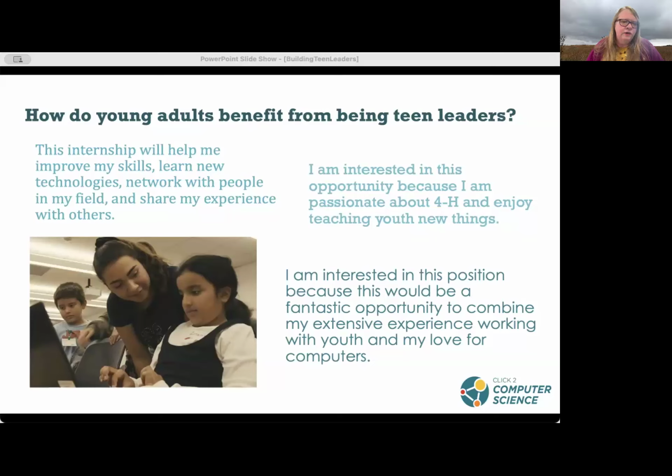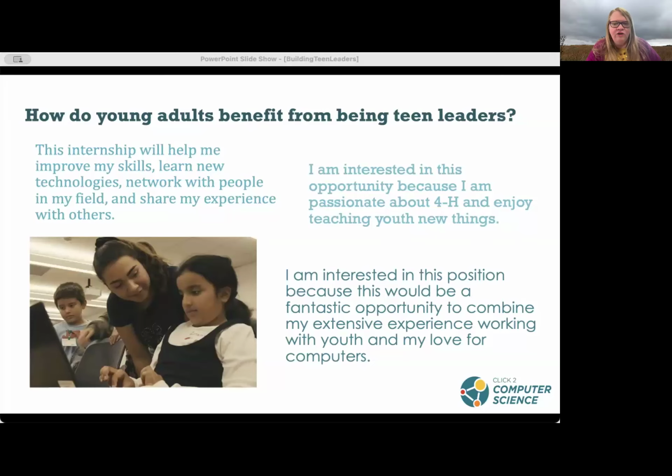As Ann and I were looking at these earlier, we talked about how teens really are pulling on their own passions and what they're interested in. They're talking about working with kids or connecting with people.